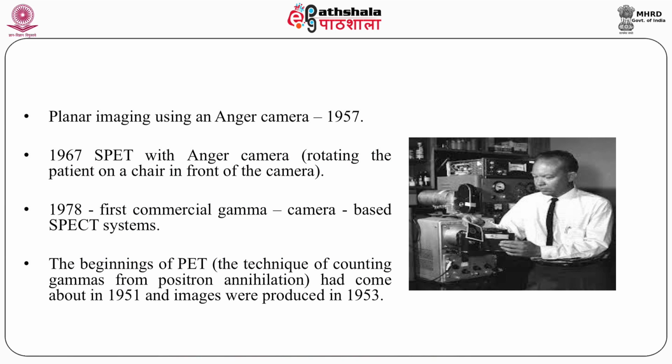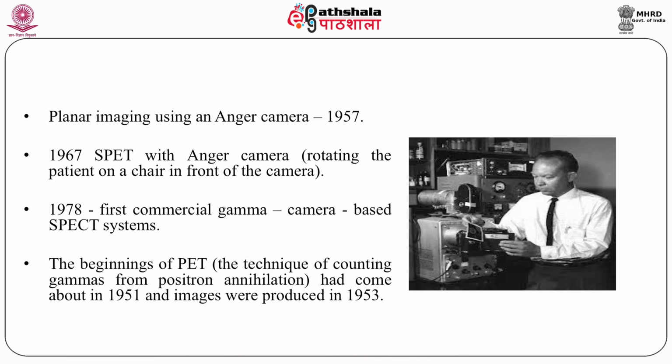Now, how can we forget this particular person whose name is Hal Anger, H-A-L Anger. Because of his name, the first camera which was designed was named the Anger camera, in 1957. In 1967, SPECT, single photon emission tomography, came with the Anger camera.